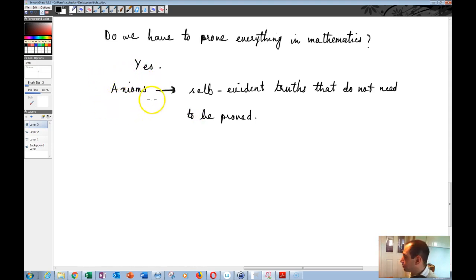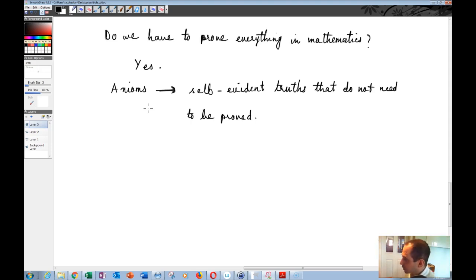So in Euclidean geometry, there are all of these axioms that Euclid has taken for granted, meaning that he has taken the truth of those axioms for granted, and he has not proved them, and then based on those things he has proved everything else.